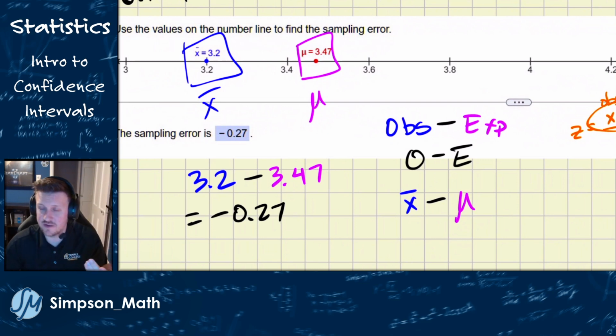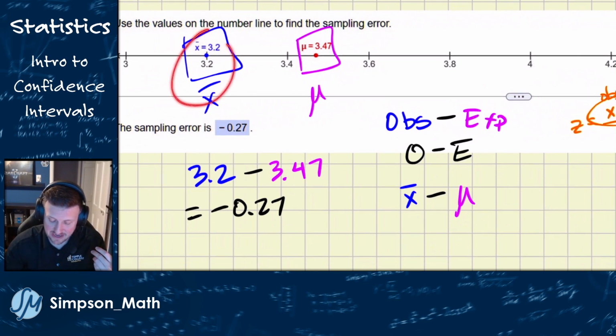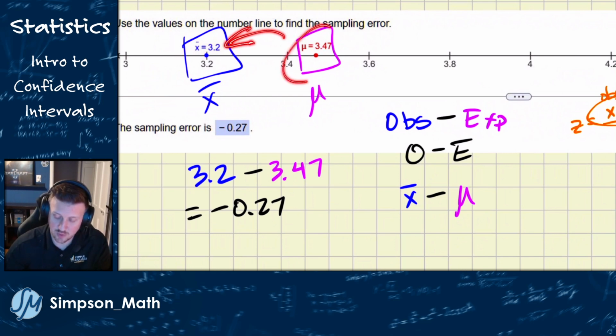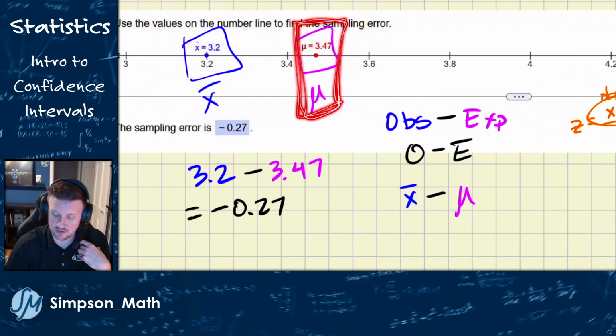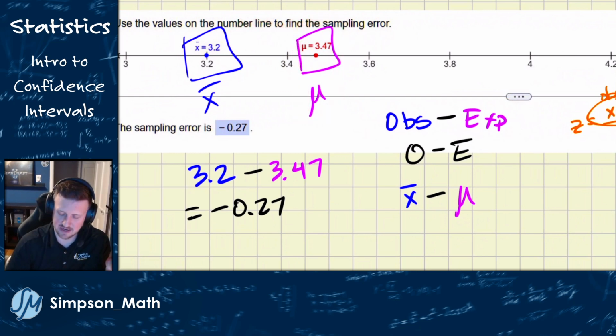And that negative makes sense because isn't my value lower, less than, to the left of what I was expecting? That's what's nice about this formula, observed minus expected. What I'm expecting is my point of view, and this thing was a little bit below it. That's why it's negative. So that logic makes sense, that I'm lower than what I was expecting.